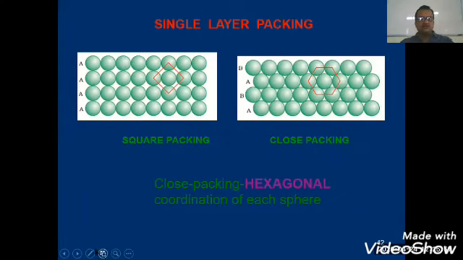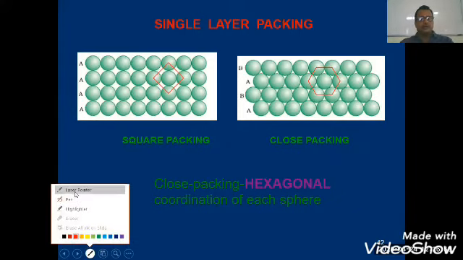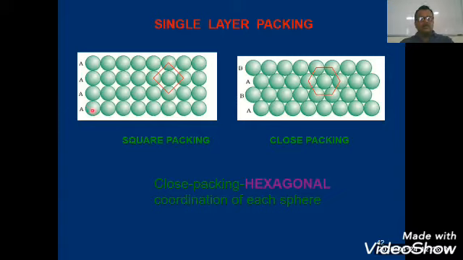The figure on the left hand side: here you can see this is one line of spheres, or I can say one line of atoms, and the second line of atoms is exactly above the first line of atoms. This is the first layer of atoms. The second layer of atoms is exactly at the top of the first layer. So this atom is exactly above this atom.